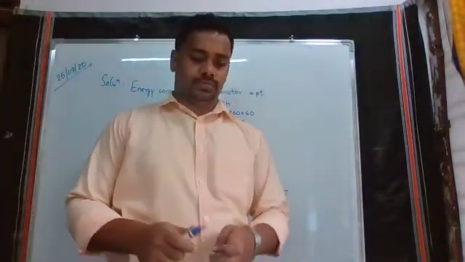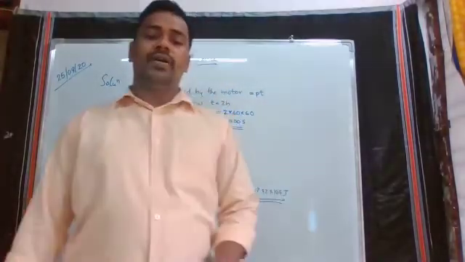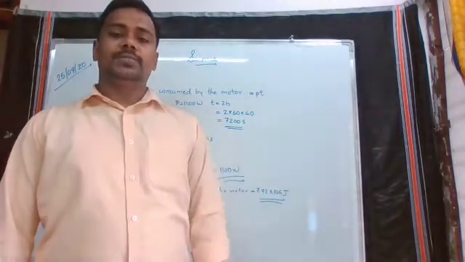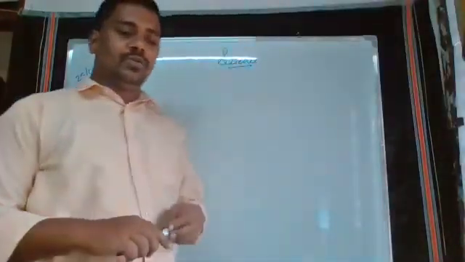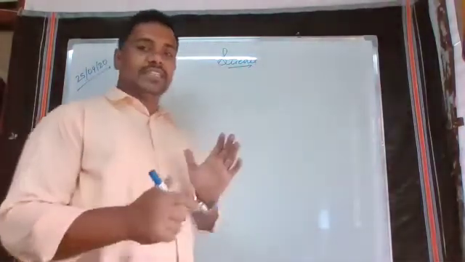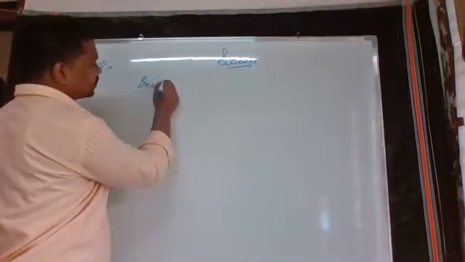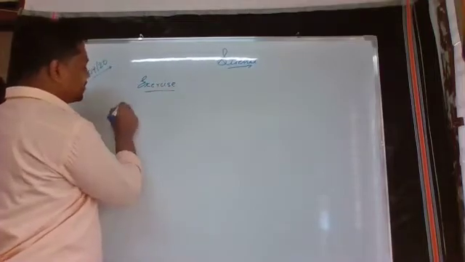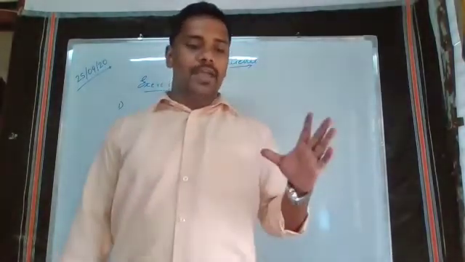So we are entering our exercise part. Okay, let us deal with the exercise part, which is the first one. A piece of wire of resistance R is cut into 5 equal parts.